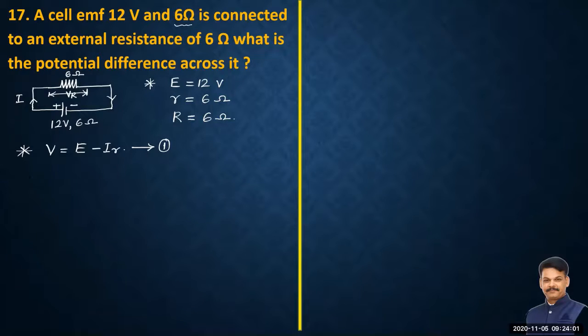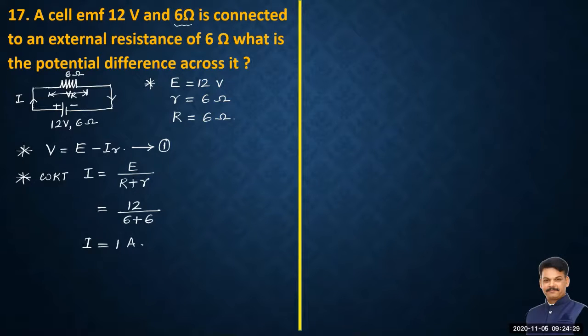For that, we have one more relationship, that is I is equal to E divided by R plus r. Capital R is the external resistor, small r is the internal resistance. Now you substitute the values. E is 12 divided by 6 plus 6, that is equal to 1. So the current flowing through the circuit is 1 ampere.